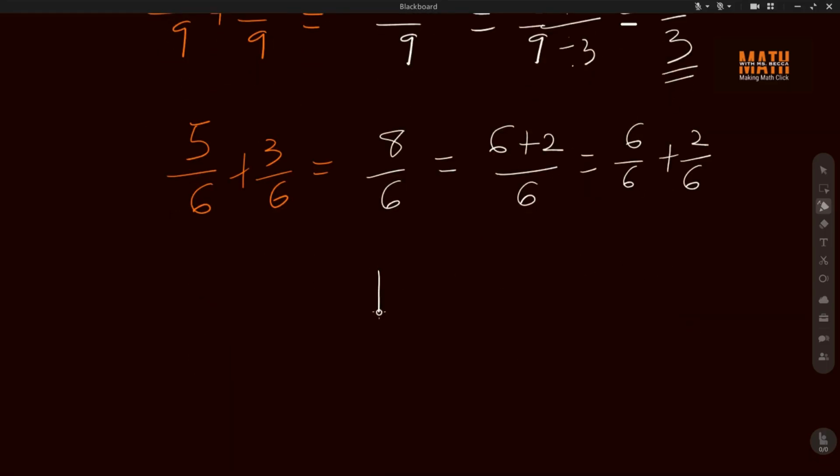So this is the same thing as 1 plus 2 over 6, and we can simplify 2 over 6 further because 2 will go in 6. So this will be 1 plus 1 over 3 and the final answer will be 1 whole number 1/3. So if you can simplify, make sure you simplify further. If it gives an improper fraction, make sure you change it into a mixed fraction.